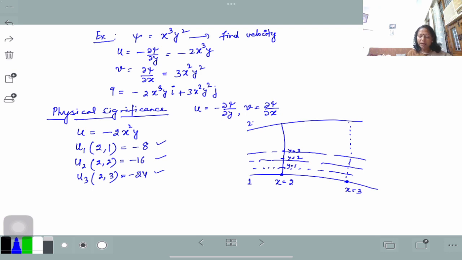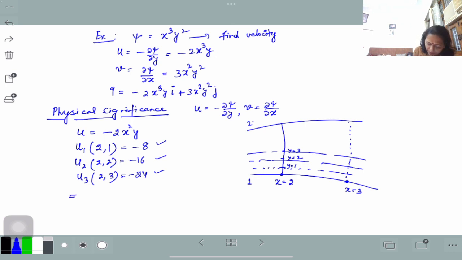This will happen if there is a certain function which gives information about the discharge. Since the velocity is changing from streamline to streamline, and depends upon the distance between the streamlines, if I join one streamline to another, there should be some function representing the flux, representing the discharge, and that function is nothing but the stream function.